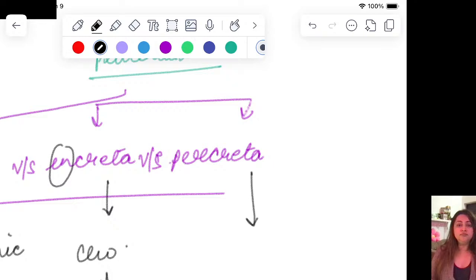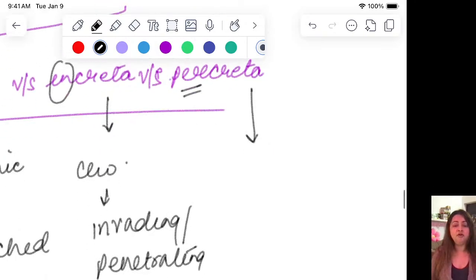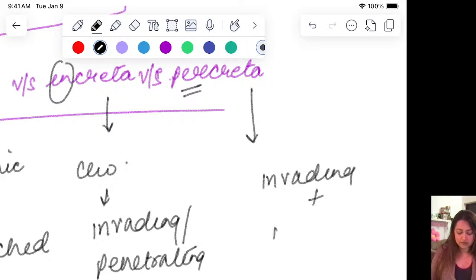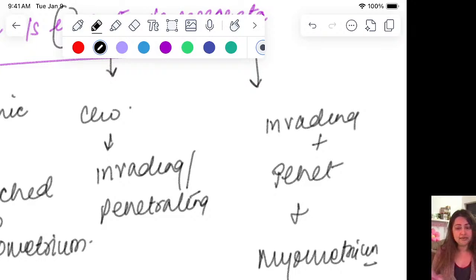The third, percreta. So how did I remember it? Per means perforation kind of thing. Okay. So percreta, the chorionic villi have invaded and penetrated the myometrium. यहाँ तक तो same था, increta and percreta, but what's different is, in case of percreta, serosa is also going to be penetrated.